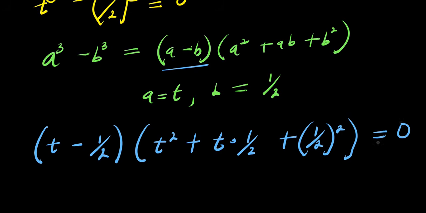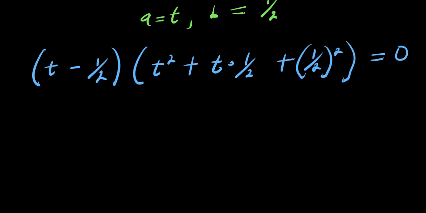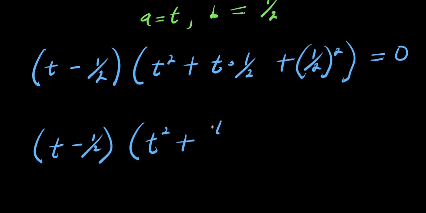This equals 0. From here, we have t minus 1 over 2 times t squared plus t over 2 plus 1 divided by 2 power 2, that is 4, and this equals 0.